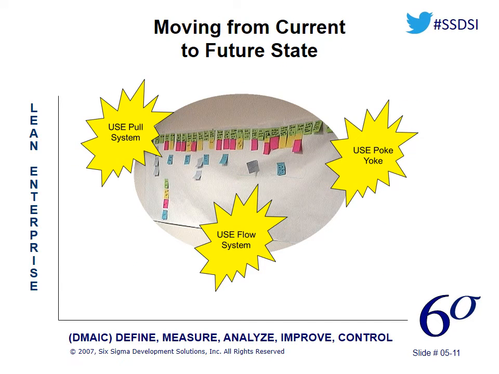Now it's time to move from our current state value stream map to our future state value stream map. There are basically two types of value stream maps. Again, the current state value stream map helps us understand what our present or current state is, the broken state, the unoptimized or unstreamlined state.